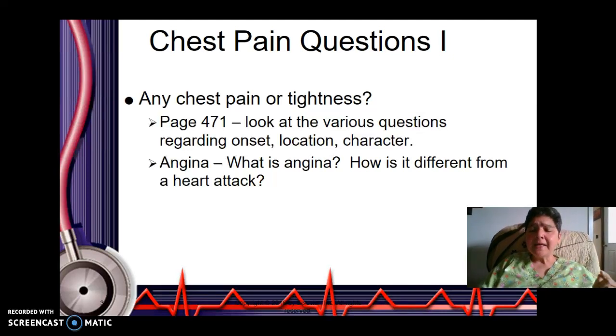And the biggest key here is if a patient has angina that they already have been diagnosed with, they probably have a prescription for nitroglycerin tablets, which we know can be used for angina or chest pain. And nitroglycerin will help the symptoms of chest pain subside for angina, whereas it won't help if the person truly is having a heart attack.